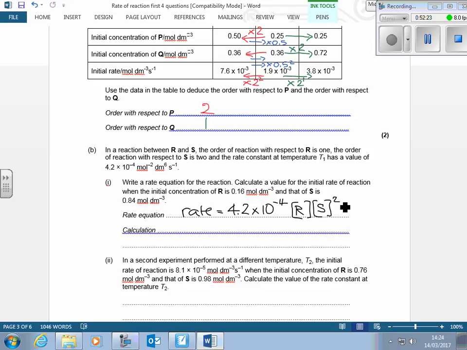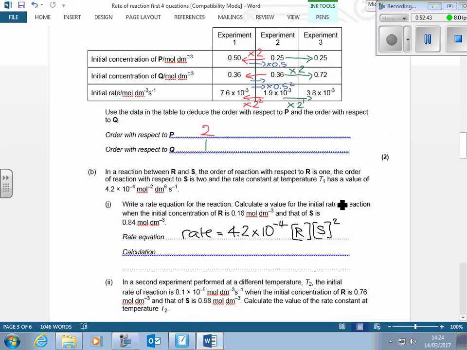Now, calculation. What have we got to calculate? I'm sorry, I've lost it. I've got absolutely no idea what we calculate here. It's the rate. Because you have the constant, you have the R, you have the S. Do we have R and S? Yes. Where? Just on top. Oh, I've rolled past that, have I? It's just on the top.